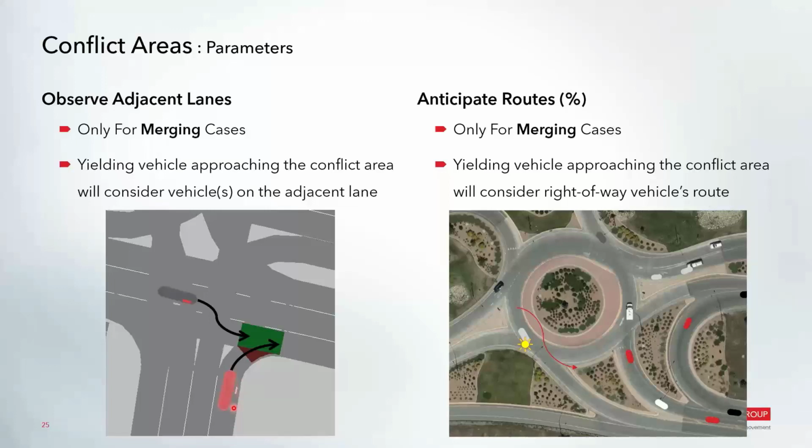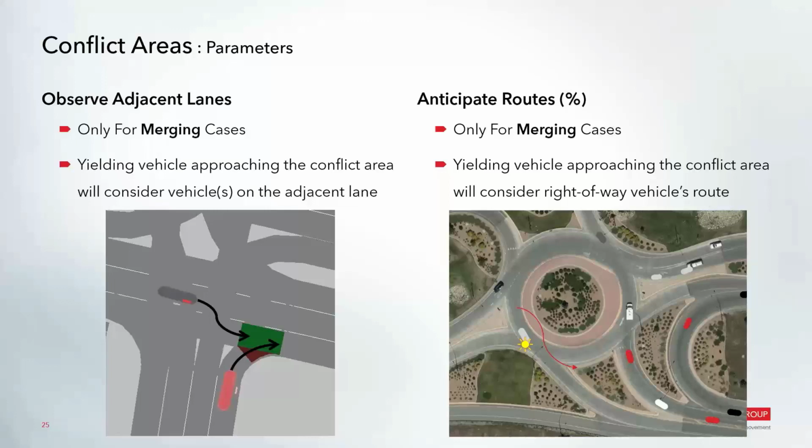For any vehicle in the minor traffic stream that's going to be entering the major stream, they're going to look not only at the lane they're entering, but also at the adjacent lane to see if any vehicles want to change lanes into that conflicting lane. So they'll consider not only the current lane they're going to, but also the next lane, to see vehicles on both of those lanes and where they're traveling to.